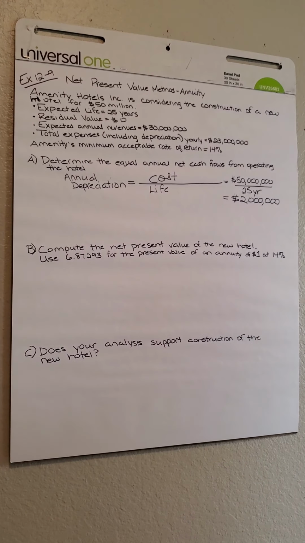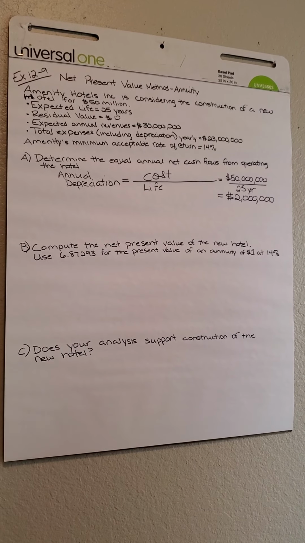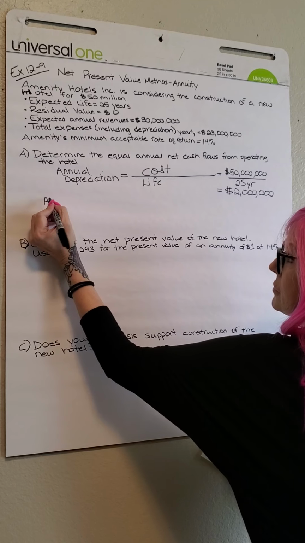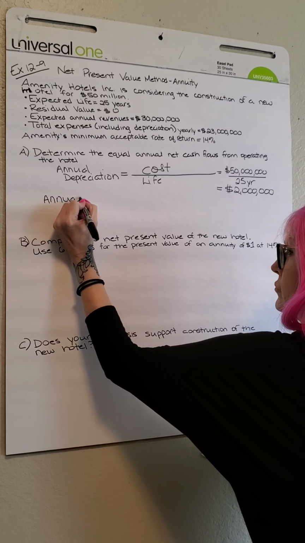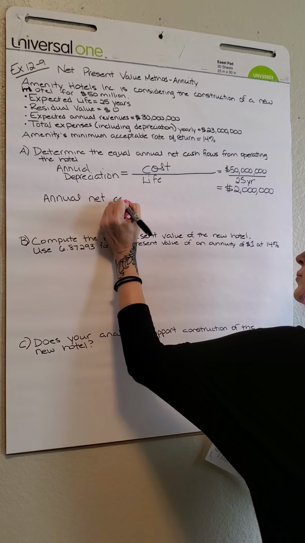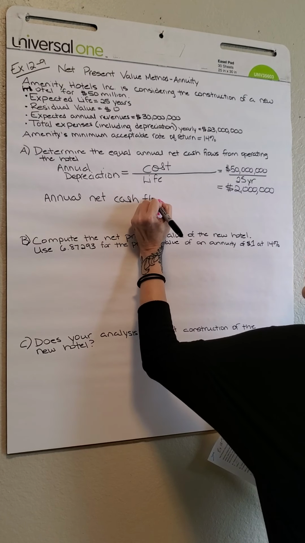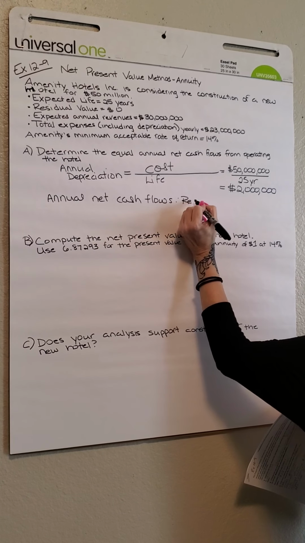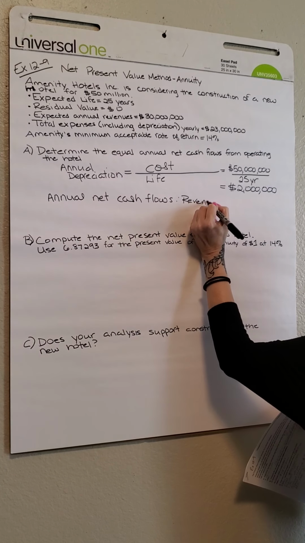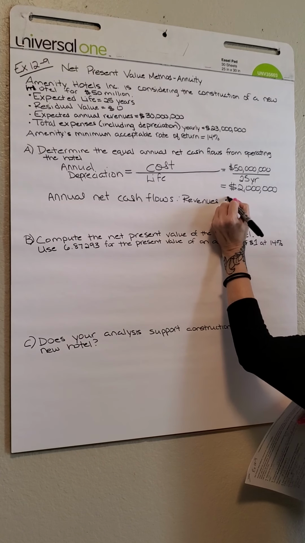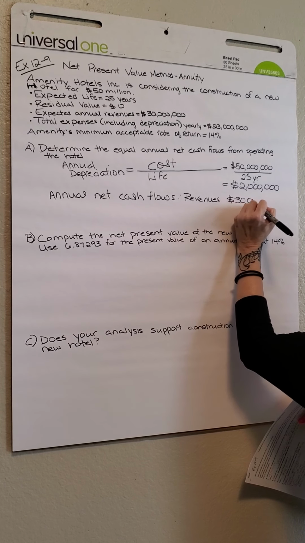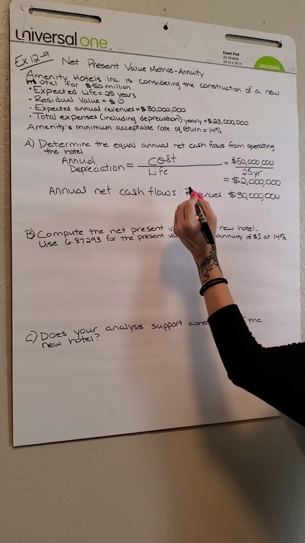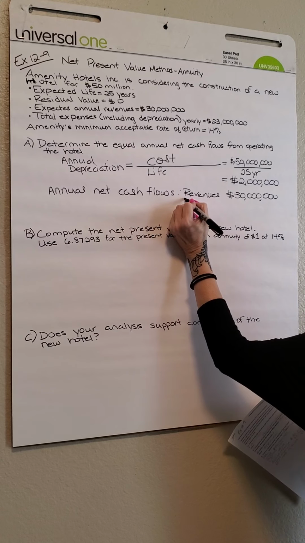Okay, so now we can calculate the annual net cash flows. We're going to calculate that by taking our expected annual revenues of $30 million, and we're going to subtract our cash expenses.